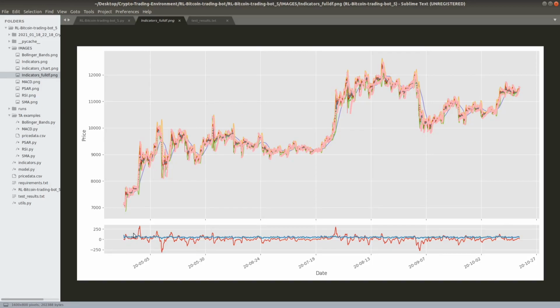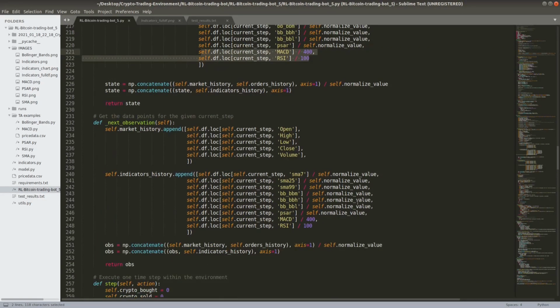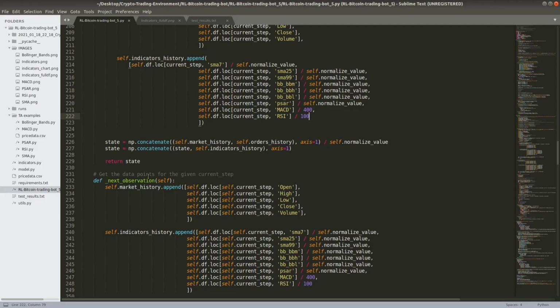And I thought that, okay, I will simply divide it by 400 and then it will be between -1 and 1, and this will be fine for us, at least for now. And later maybe I'll do something different with this whole normalization process. And this is the idea why I divide by 400, and there is an RSI, but because our RSI moves between 0 and 100, that's quite logical why I divide by 100.